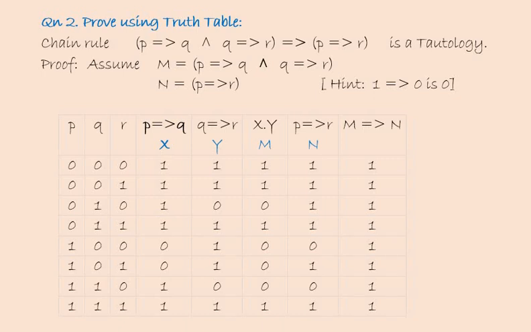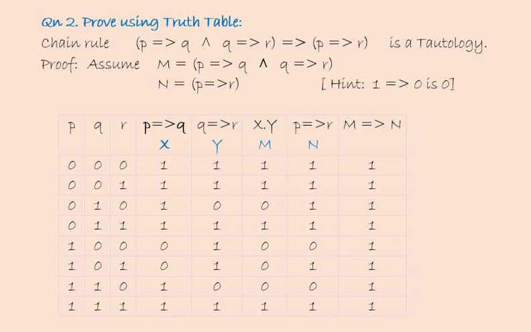Now, when P is 1 and Q is 0, no, it is not allowed. There are 2 such cases because of the 3 variable combination. If P is 1 and Q is 0, these 2 cases are not valid. We cannot allow Q to become 0 when P is 1. We can allow Q to become only 1 when P is 1. Then only P implies Q will have a meaning. So this part is done.